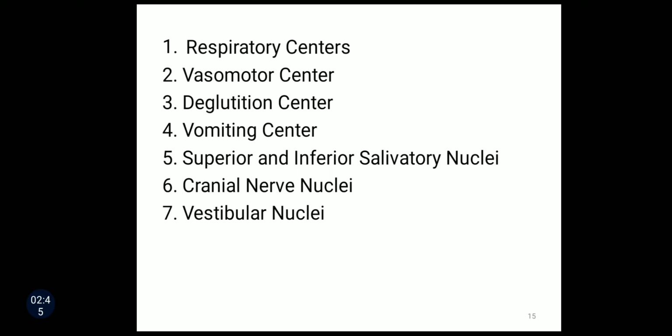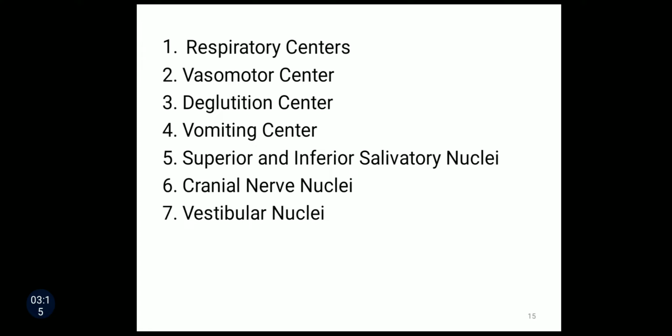This vomiting center regulates the act of vomiting and prevents the entry of vomitus into the respiratory tract, as in the case of the deglutition center. Then the fifth function: it also has the superior and inferior salivatory nuclei, which control the secretion of saliva.